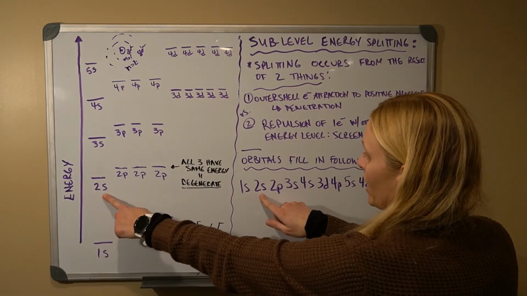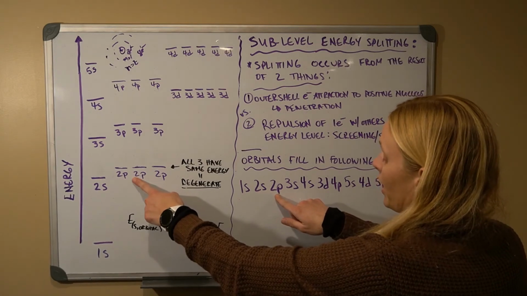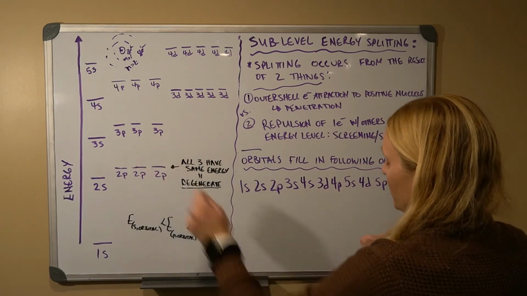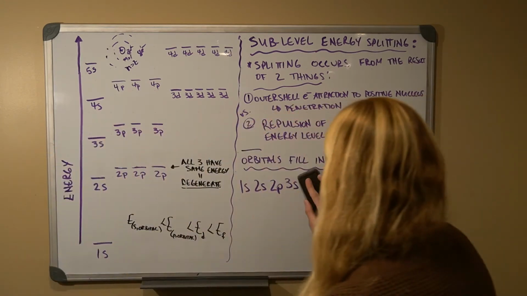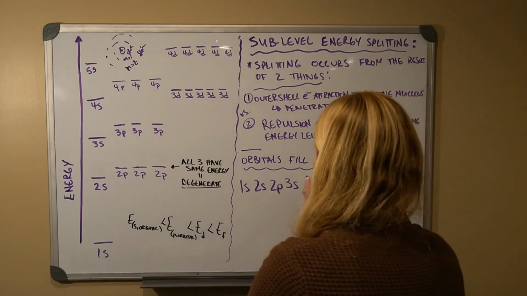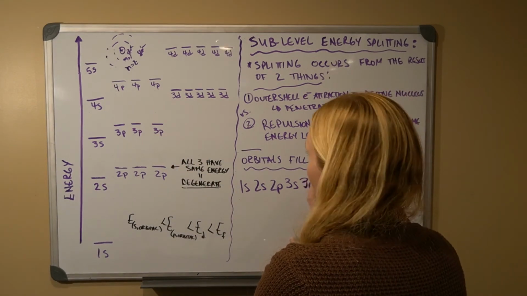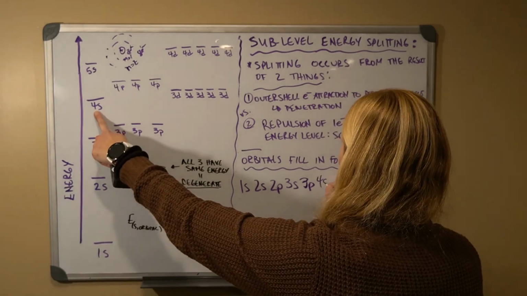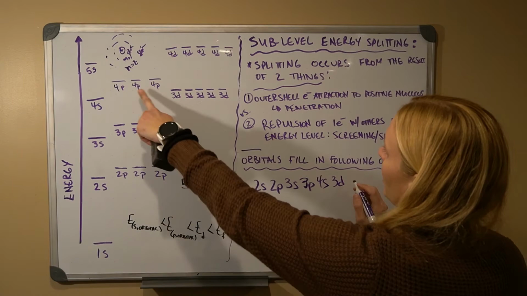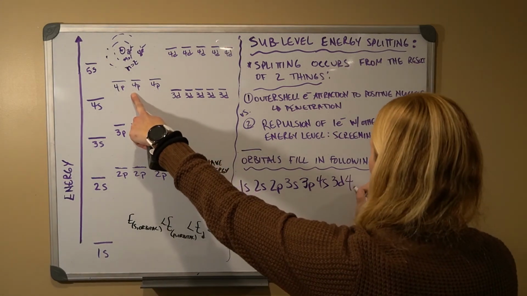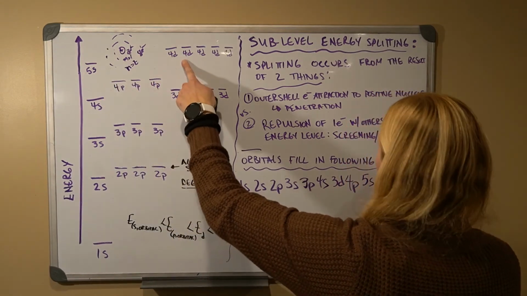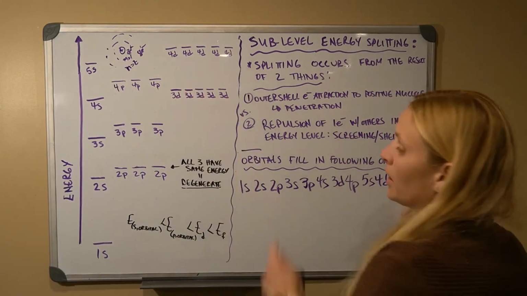The way the electrons get filled for the electron configuration is 1s, then 2s, then the next energy higher is 2p, and then 3s, and then, whoops, I made a mistake there. After 3s is 3p, and then we have 4s, then we go to 3d, then 4p, then 5s, then 4d, and so forth.